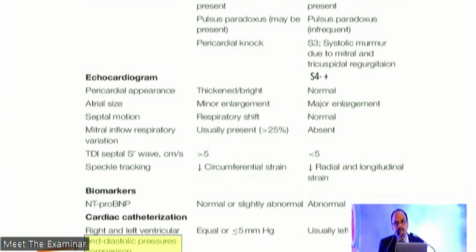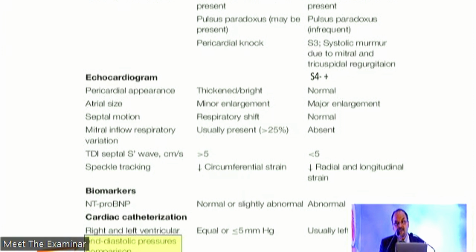The dip and plateau form or square root sign, that is another important thing. There are no biomarkers. Please remember, if somebody asks you, is there a biomarker that differentiates? It is important to remember that in constrictive pericarditis, you do not have a rise of biomarkers. Whereas in restrictive cardiomyopathy, you can have a rise in biomarkers like NT-proBNP.